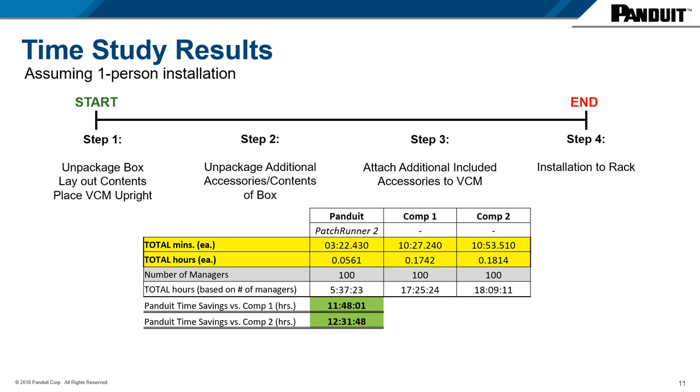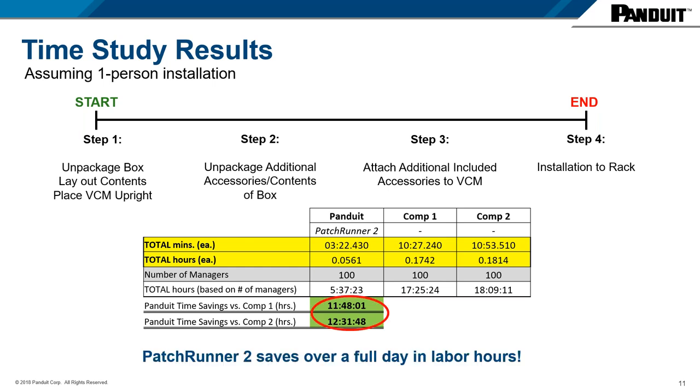Our first competitor was about 10.5 minutes per manager, and the second competitor we looked at was about 11 minutes per manager. It may not seem very significant, but when you start adding the time up on a fairly large job site of 100 managers, the time needed to install Patch Runner 2 is about 5.5 hours, where the first competitor is about 17.5 hours, and the second competitor is over 18 hours.